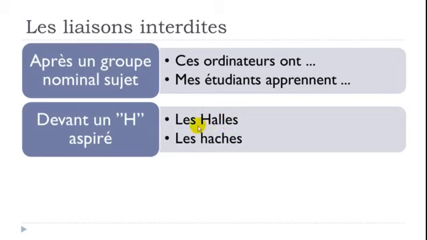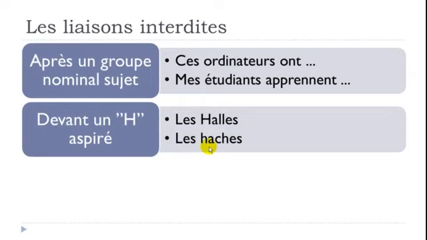Even if you've got this H, it belongs to the aspiré group of words containing this H, and it means you won't make the liaison between your article and your word. So you shouldn't say les halles with the liaison, but les halles, without it.